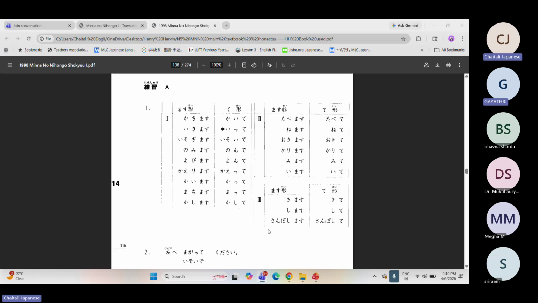So what is the difference? Ikimas also has the e sound, right? But why do we consider ikimas as group 1 and okimas as group 2? Because in ikimas you are not going to stress so much on ki.